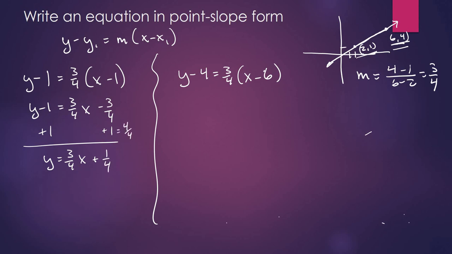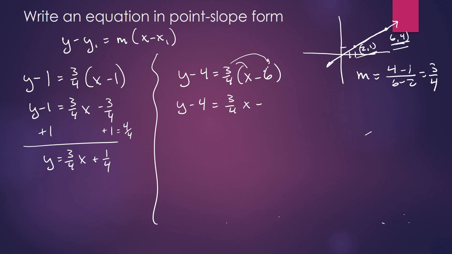All right, let's try the same thing over here. Y minus 4 equals 3/4 x minus, if I distribute and multiply by 3/4, I will get negative 6/2 or negative 3.